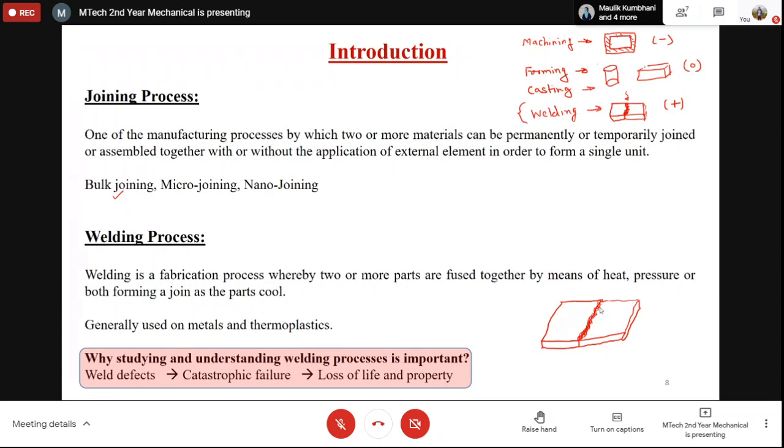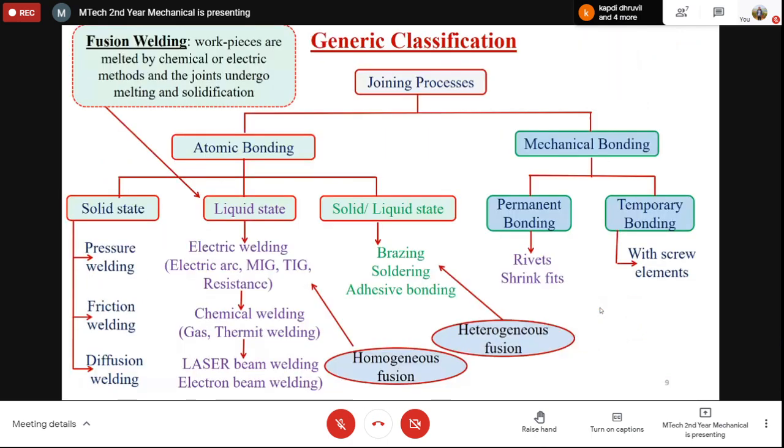So we don't want that. That's why understanding the welding process or the joining processes, and the right type of joining process, is very much required.